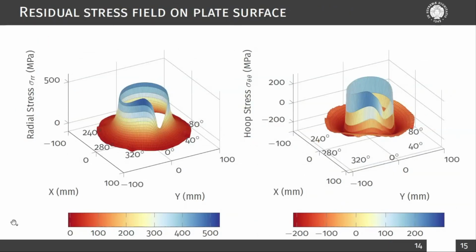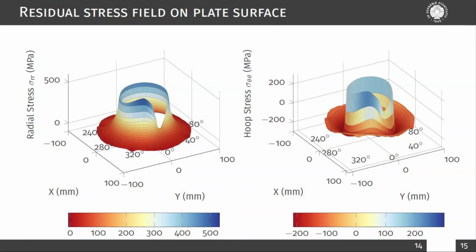Another interesting way to look at the strong asymmetry of the welding process is to consider the residual stress field both for radial and hoop coordinates. These graphs show the stress trend at the end of the welding process on the plate surface, so before the incremental drilling process. The results of radial and hoop stress are shown, starting from the weld toe until the end of the plate.